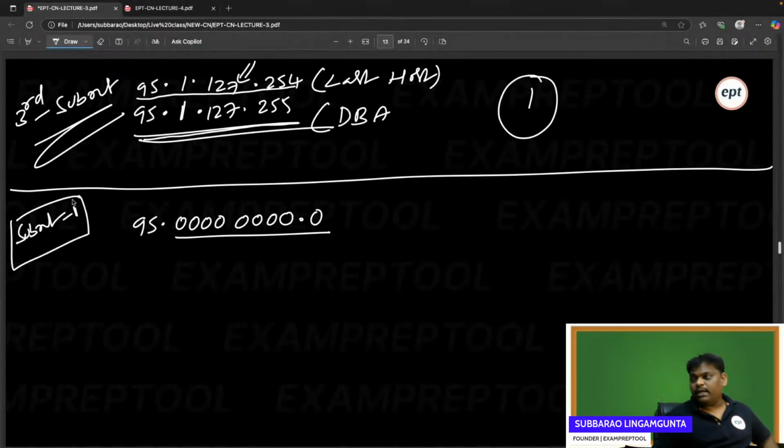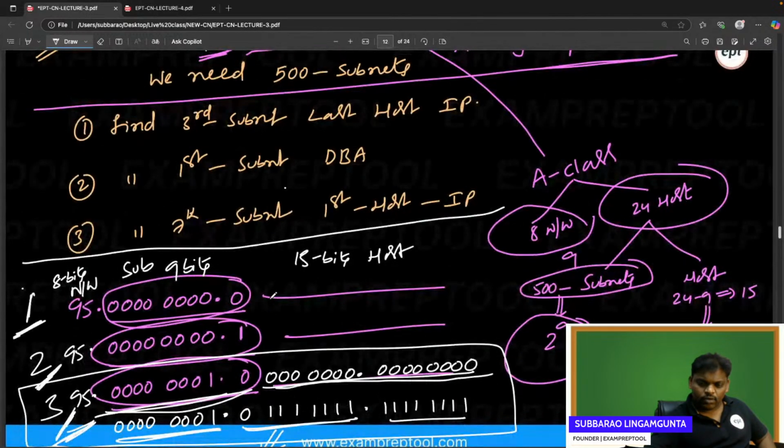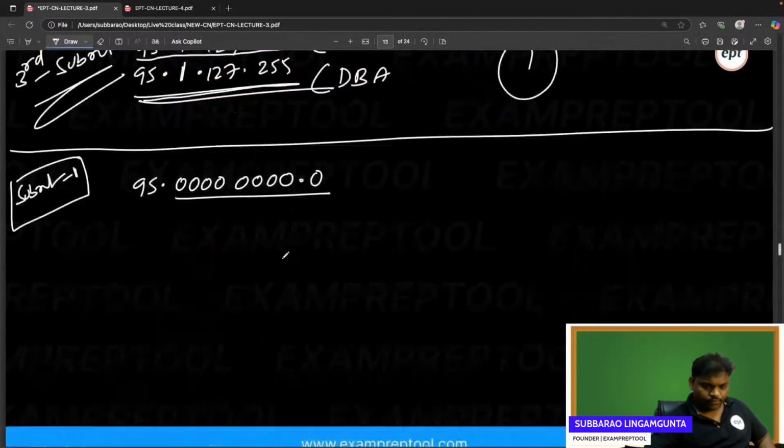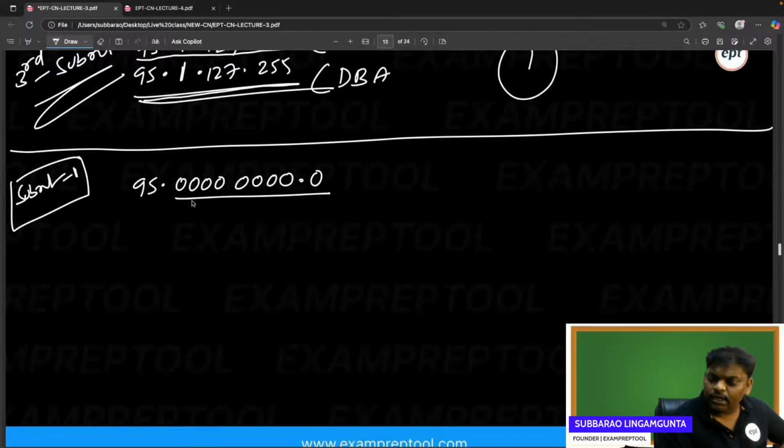First subnet is asking for first subnet DBA. See everyone now. DBA means what? I think 15 ones are there.